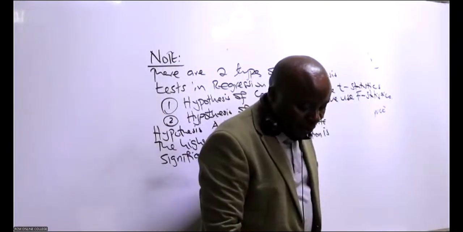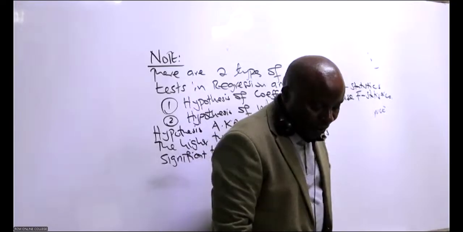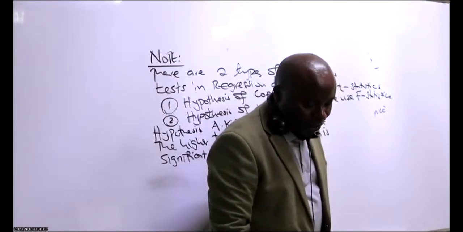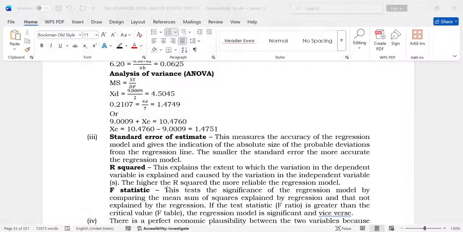So I repeat, because I would want us to do what this examiner had told us to do. They wanted us, ladies and gentlemen, to describe what F statistic is. So write there: F statistic.